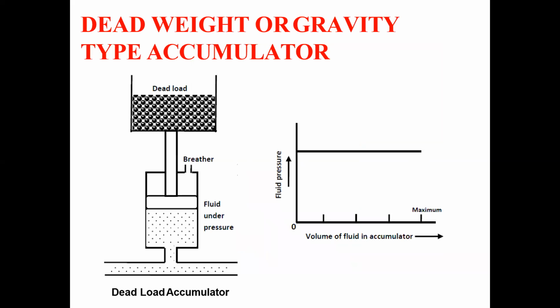Okay. So here, this is the simple diagram for a dead weight or gravity type accumulator. Normally what happens, just focus on the cursor on your screen. The pump is continuously producing high pressure oil which comes from this side, and when this high pressure oil starts to enter inside this accumulator, it starts to lift this dead load because this oil is under pressurized condition.